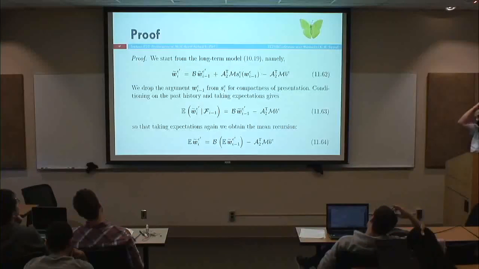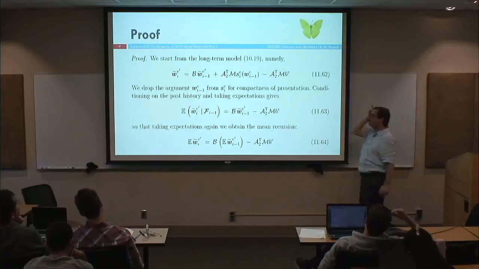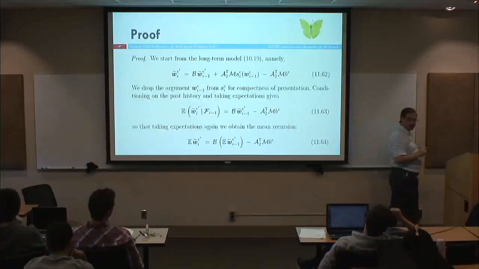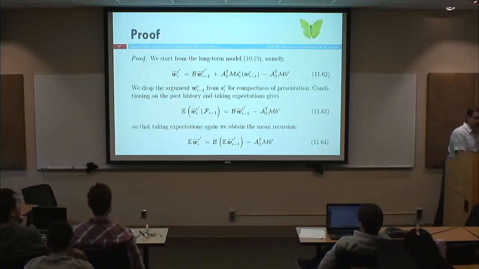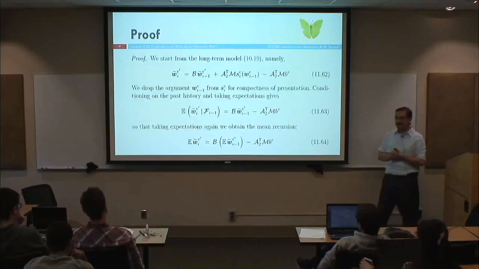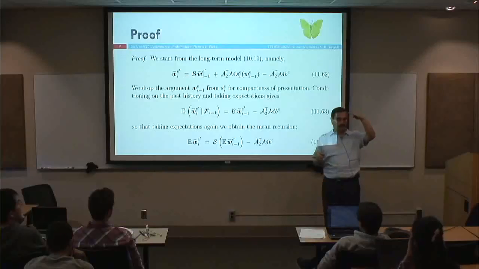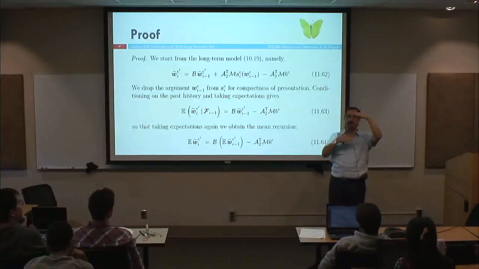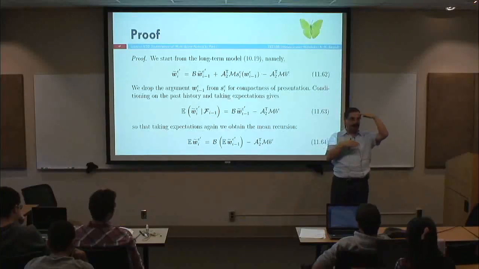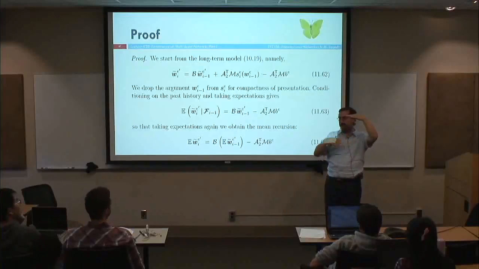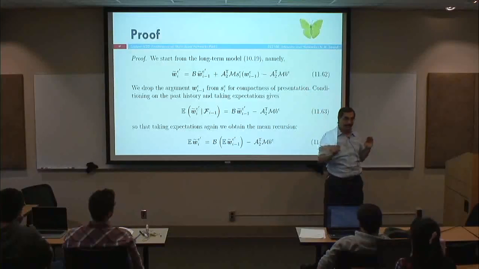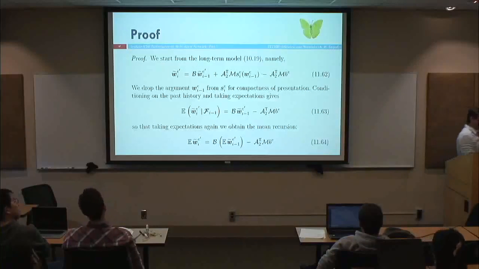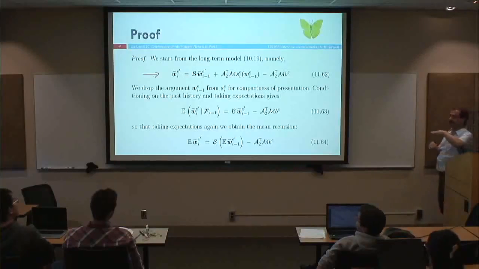Proof. So let's go to the proof. Now, remember what I did last time? I started from the error recursion for the network and I replaced it by a long-term model. And I called the error vector for the long-term model w tilde prime. So I wrote here the evolution of the error for the long-term model.